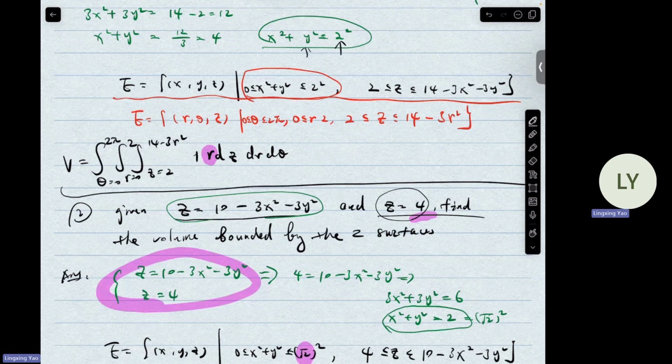But remember that to actually get this volume to be described clearly in both the Cartesian and the cylindrical coordinates, you need to find the contour. You need to find the intersection. Otherwise, you will not know where the volume really is.